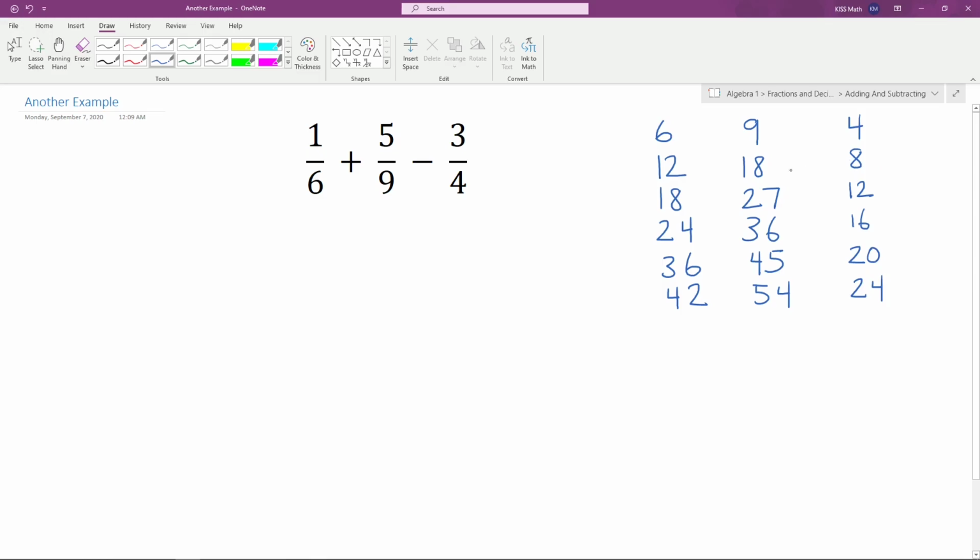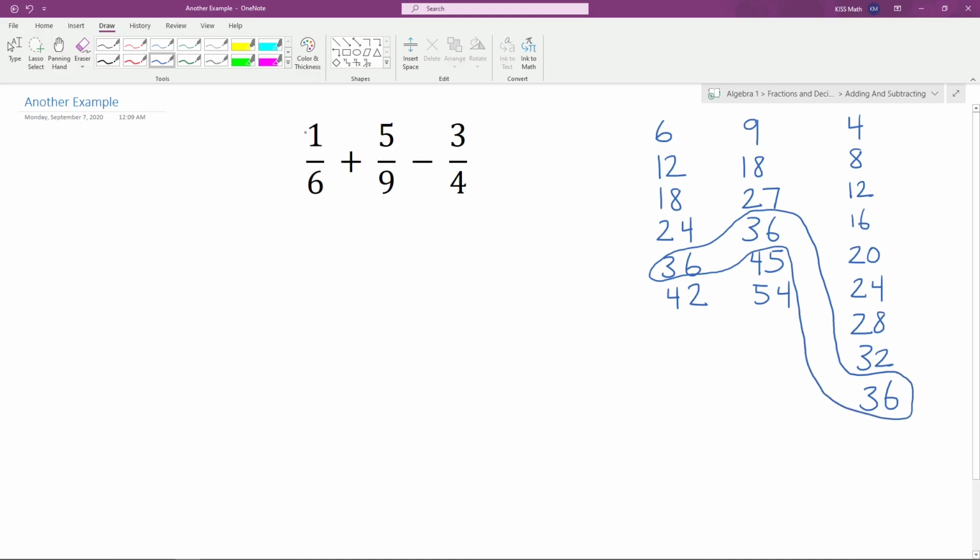So far, I don't see anything right, so 18 is not going to work. So I'll keep going here. 28, 32, 36. And this is the first one here that has the same multiple between all three of these numbers here. So this will be our common denominator.